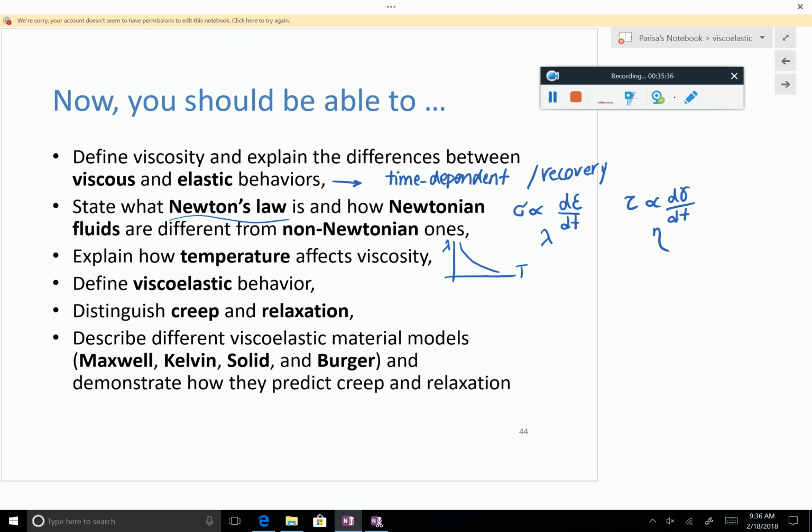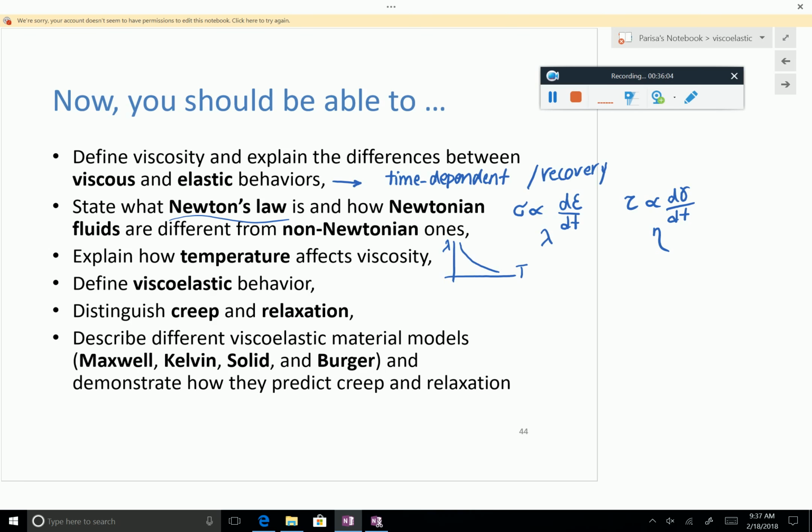And then everything became more interesting. We learned that typical materials are neither fully elastic nor fully viscous. They typically behave viscoelastic, meaning that they are partially elastic, partially viscous. That means that you have partial time dependent behavior and partial recovery.